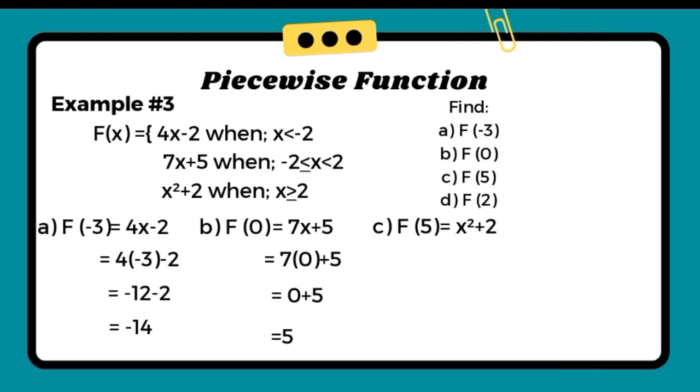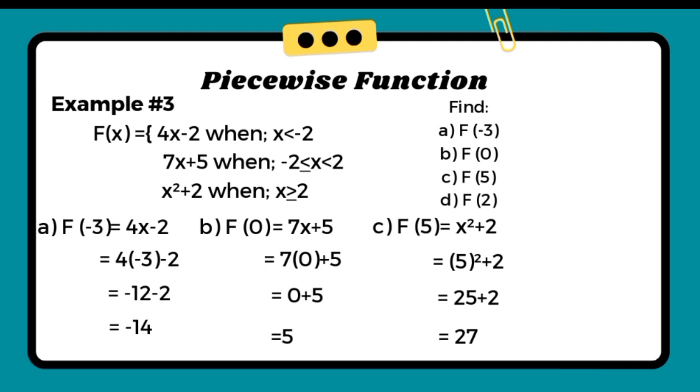Yung 5, ipapalitan natin doon sa x. So, ganyan lang po is 5 raised to 2 plus 2. And after po nyan, pagka-times lang natin yung 5 sa exponent of 2, 5 times 5 is equal to 25. And 25 plus 2 is equal to 27. So, ayun lang po yung answer sa letter C.